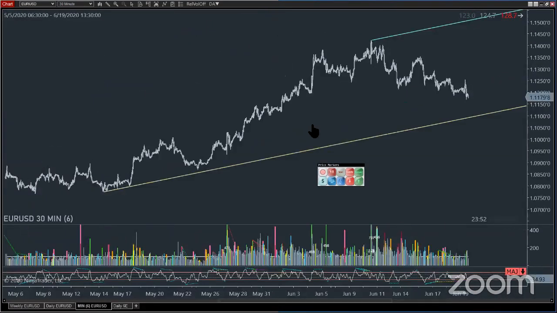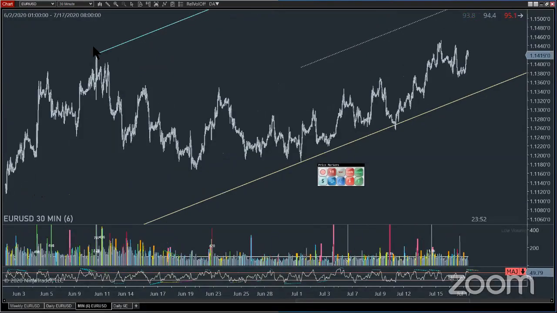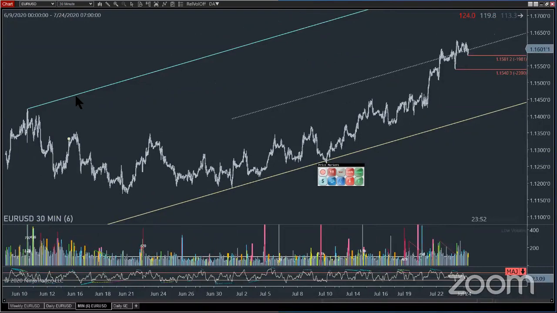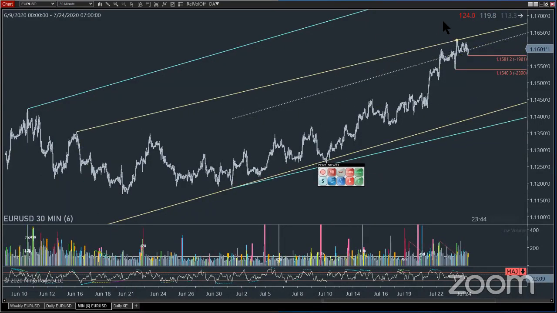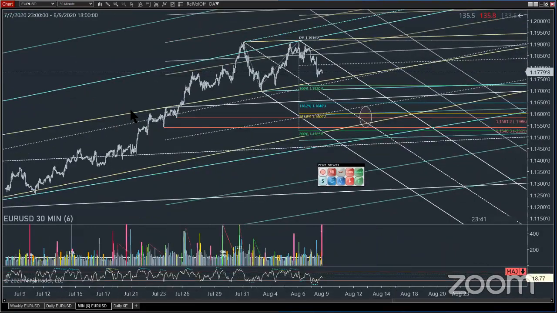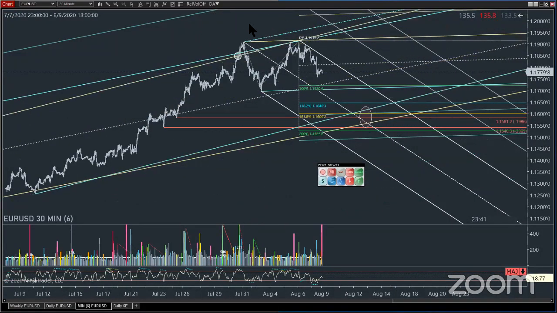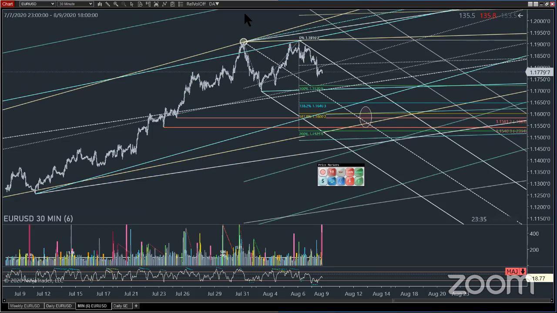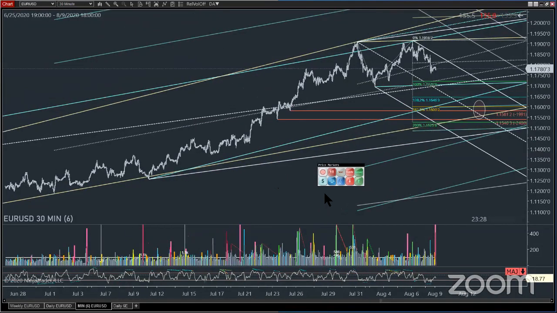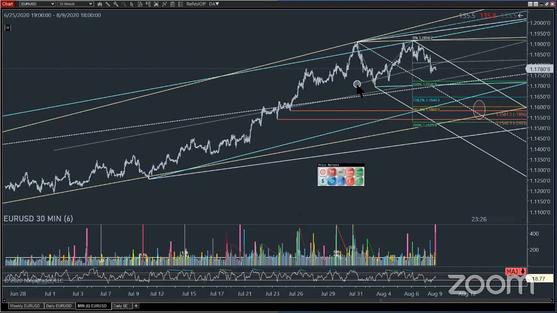And let's see. I'm going to draw it from right here to the high. We haven't really used any of those median lines, so that's probably a no-go.